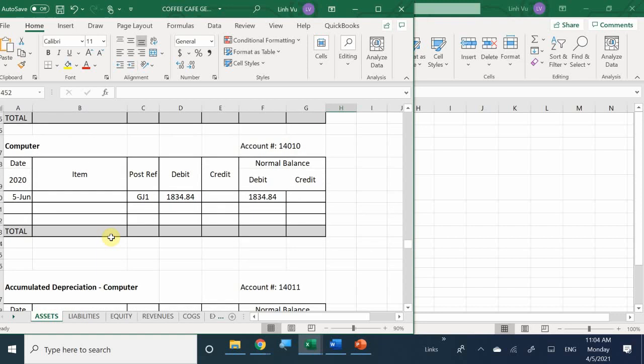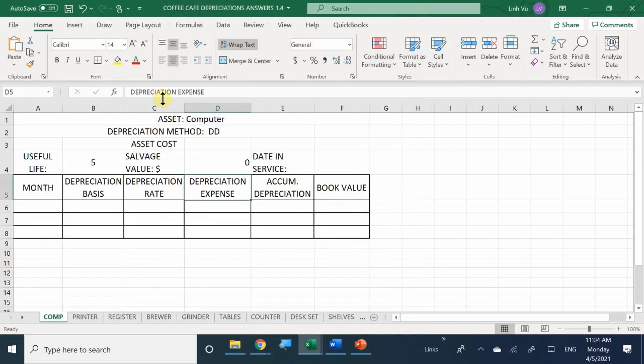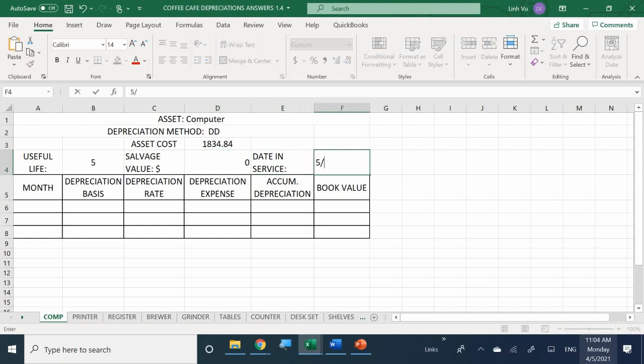Here we are. My computer. When did I buy it and how much did it cost me? June 5th. 1834.84. And once again, I have to plug it into the wall, so I automatically place it into service.